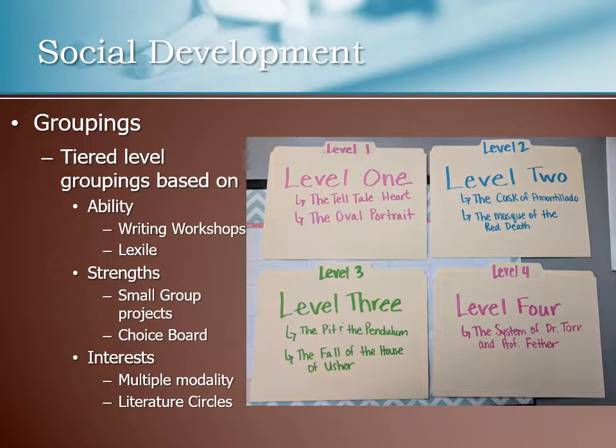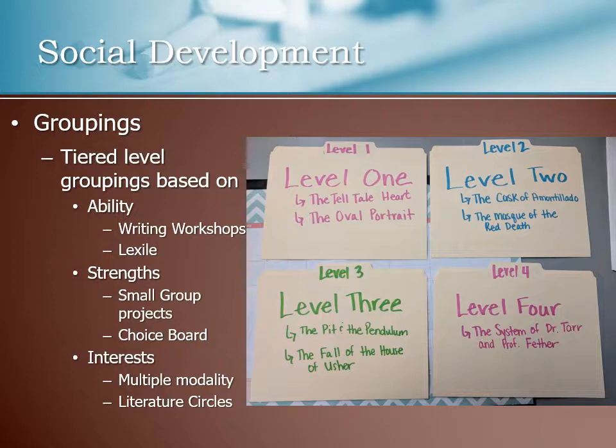That way, they're not too challenged and get frustrated, or too bored where they end up giving up. Also, different strengths within their small group projects and choice boards, as well as their interests, multiple modality units, as well as literature circle choices, not making them always read something that they have to.